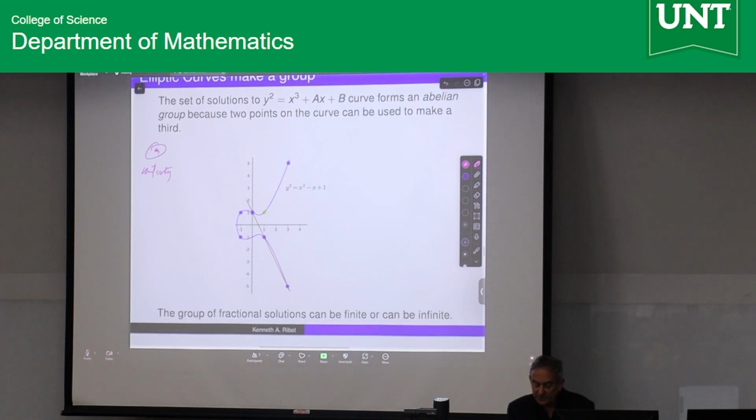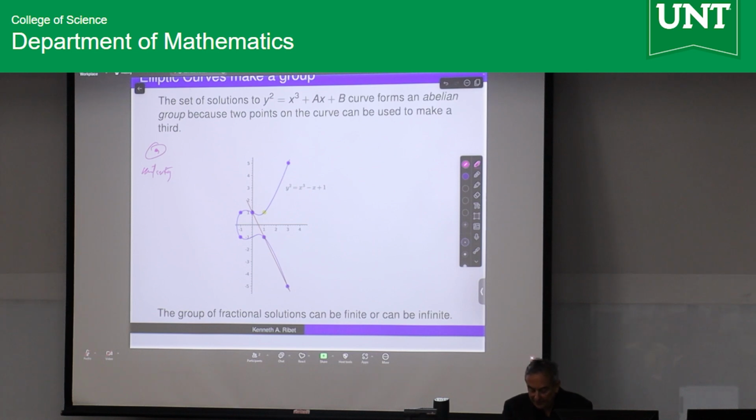But the main point is that if you have two distinct solutions to an elliptic curve, they define a line. You take the line that goes between these 2 points, and you see where that line hits the cubic curve. It's going to hit the cubic curve in 3 points, because you end up with a cubic equation that's going to have 3 roots, 2 of which are known.